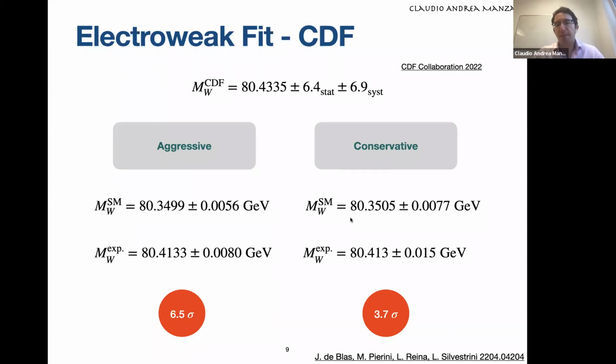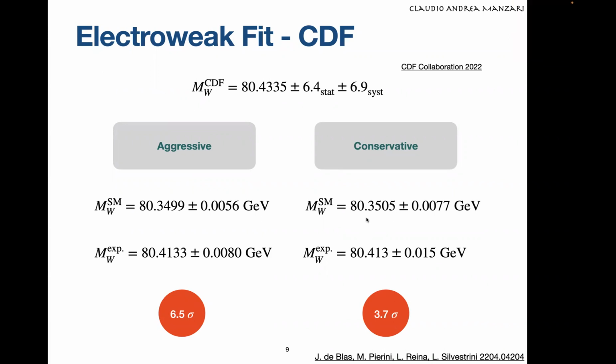And if you inflate the error of CDF to take into account the fact that it already shows a quite large tension with respect to the other measurements, then you get a more conservative and then different also value for the mean value of MW. I see. Okay, thank you.